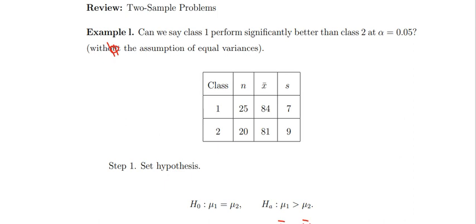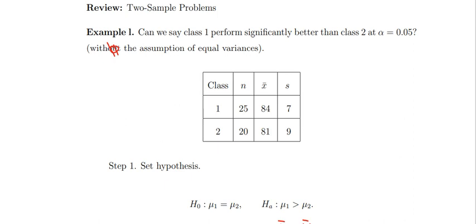Basically, we can say these two classes perform quite the same. If I teach class 1 and another professor teaches class 2, based on this data I cannot say my teaching is better, or that our class performs significantly better than the other class.